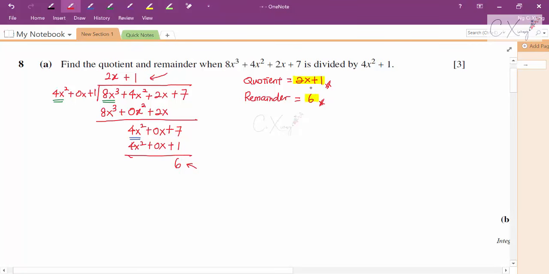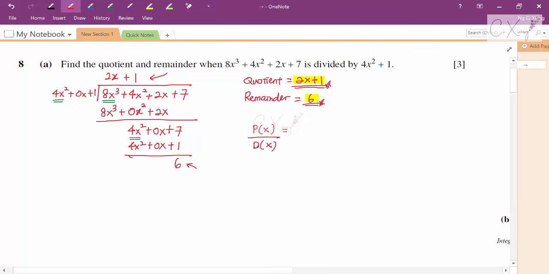Okay, and then we should know also that for this long division, if you want to express the whole question in an equation, the general equation that can be formed will be P(x) divided by the divisor.